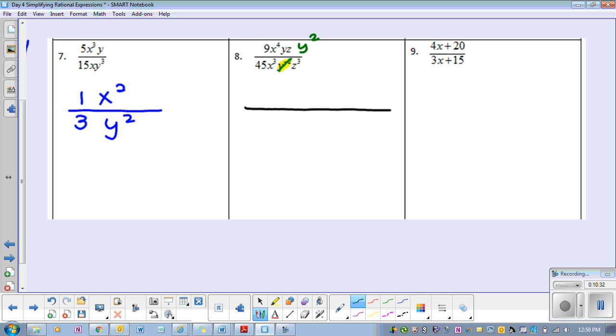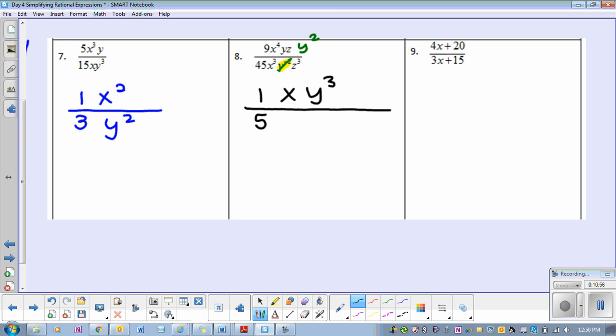Start with your numbers. 9 over 45 is what? 1/5. And then look at your x's. 1 x on the top. Good. Y cubed on the top. You already had a y, and then you moved a y squared up. So now how many y's do you actually have on top? 3. Do you have anything on the bottom? No. So y cubed.